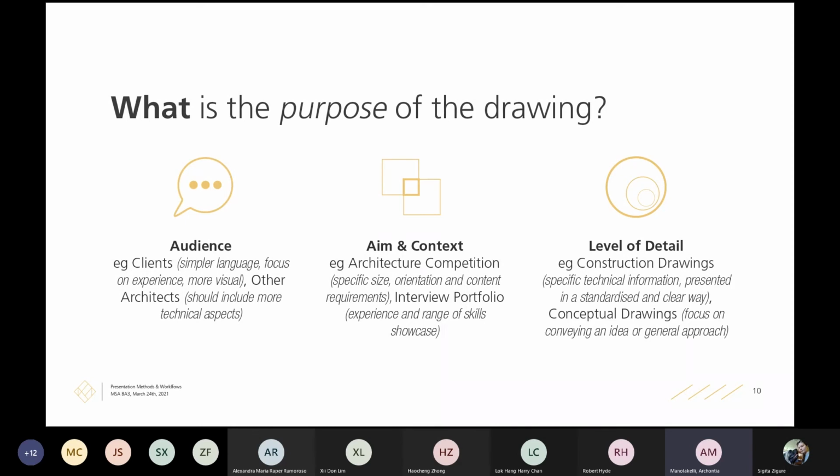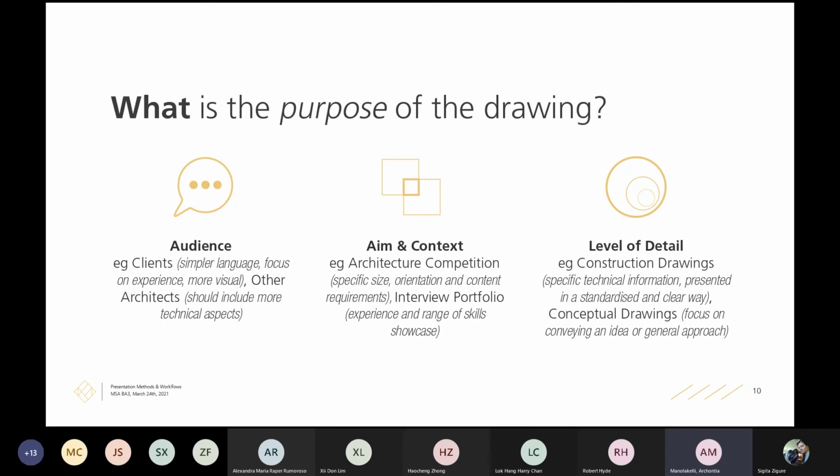If it's an architectural competition, you're going to have specific requirements for size, orientation, content, maybe a word limit, things like that. It tells you specifically what you need to include. And then level of detail: you wouldn't really show conceptual drawings, for example, when a building is at stage 4 or 5, where it goes straight into construction. You would need very technical information.